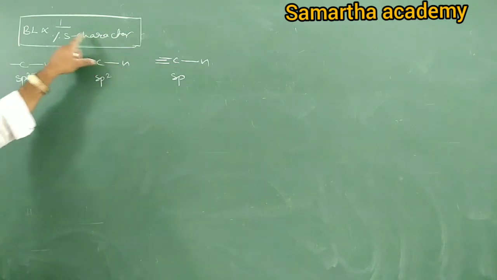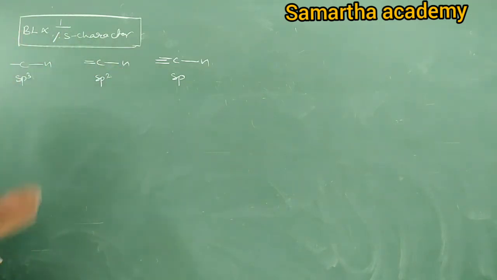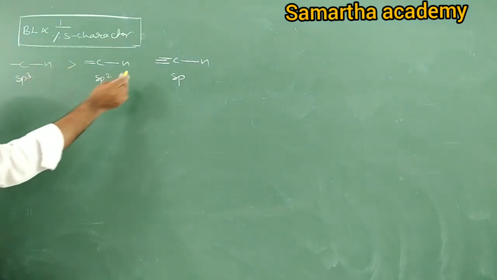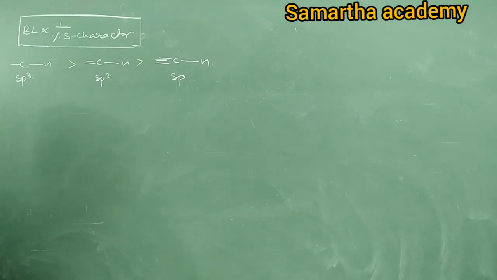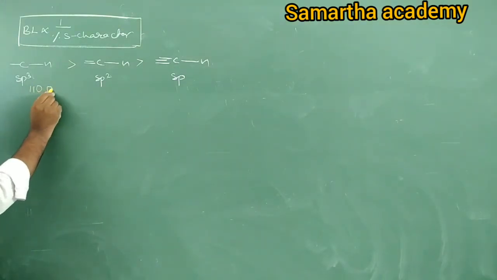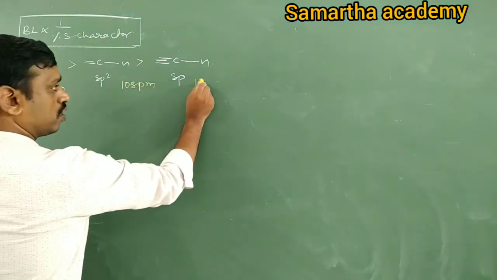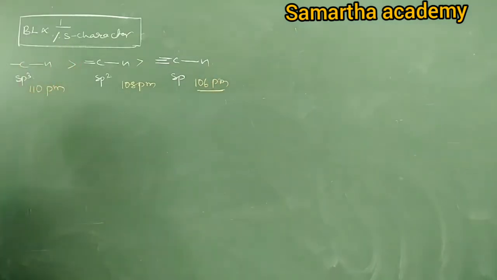More s character means less bond length. So sp3 C-H has always more bond length than sp2 and sp. Moreover, the values are approximately 110 picometer, 108 picometer, and 106 picometer. It means as the percentage of s character increases, bond length decreases.